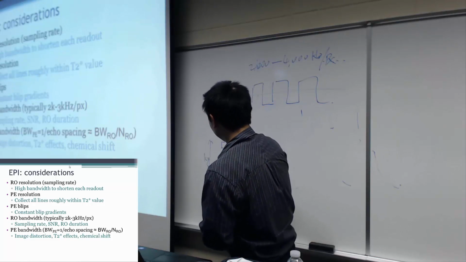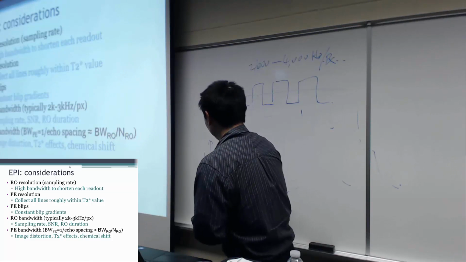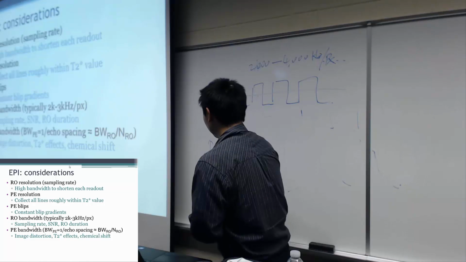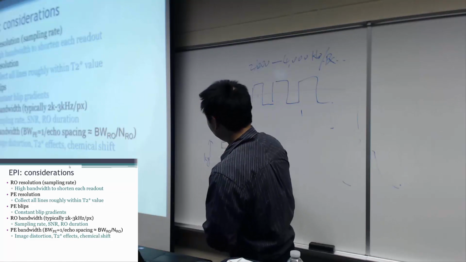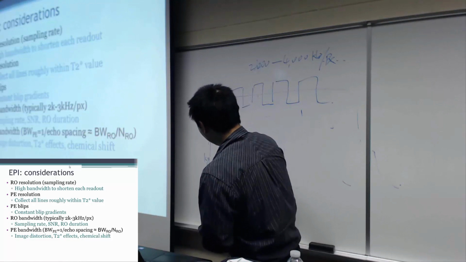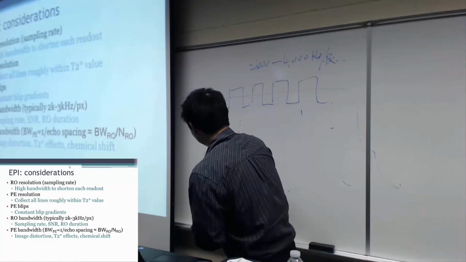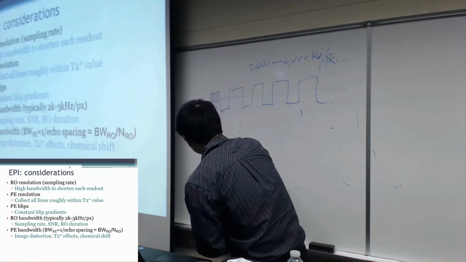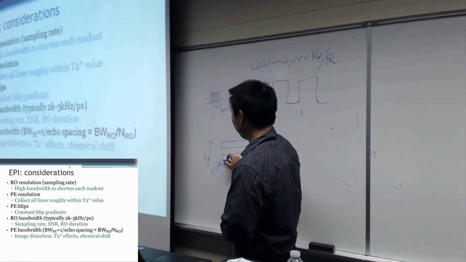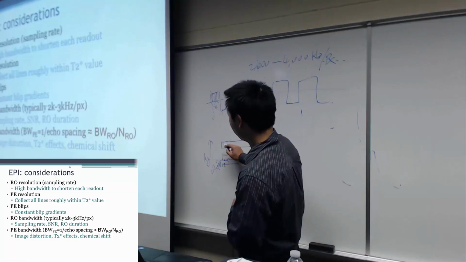When we are talking about the readout bandwidth, it's related to the sampling rate between two neighboring readout data points. When we are talking about the bandwidth along KY, we are talking about the delta time, delta T SPE, the time interval between the two neighboring points along the phase encoding direction.